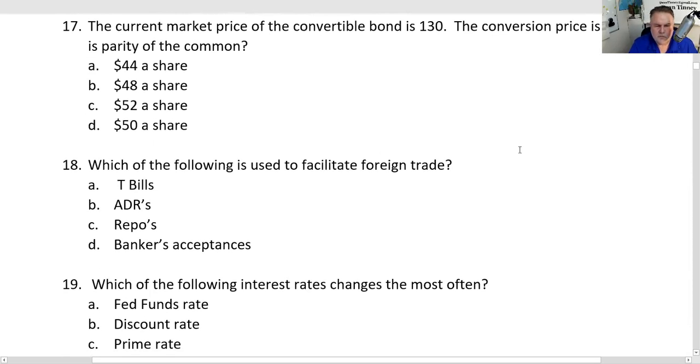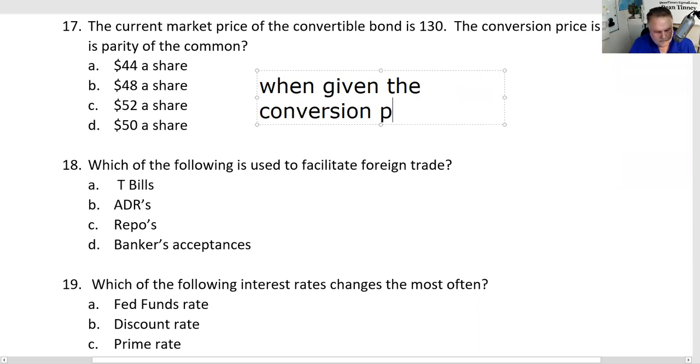When you get a convertible question, it's very, very important that you stop and say, I don't need the conversion price. So when given the conversion price, you need to establish the conversion ratio. You can't do any calculation of parity without establishing the conversion ratio.